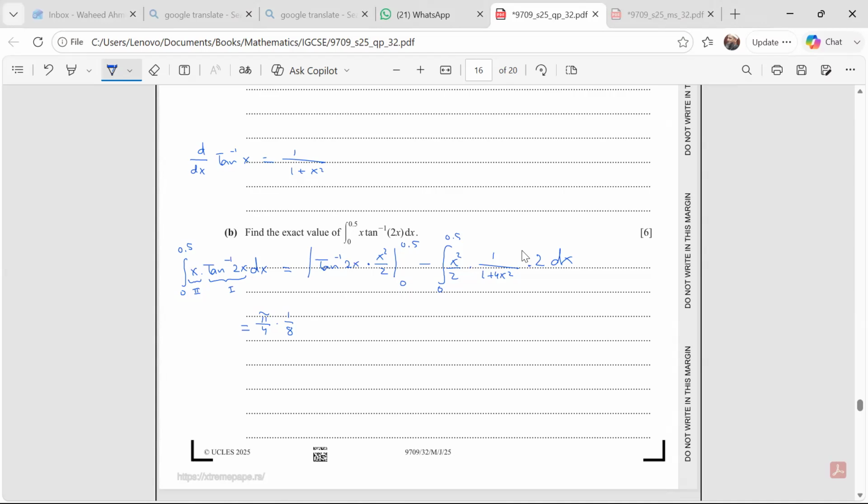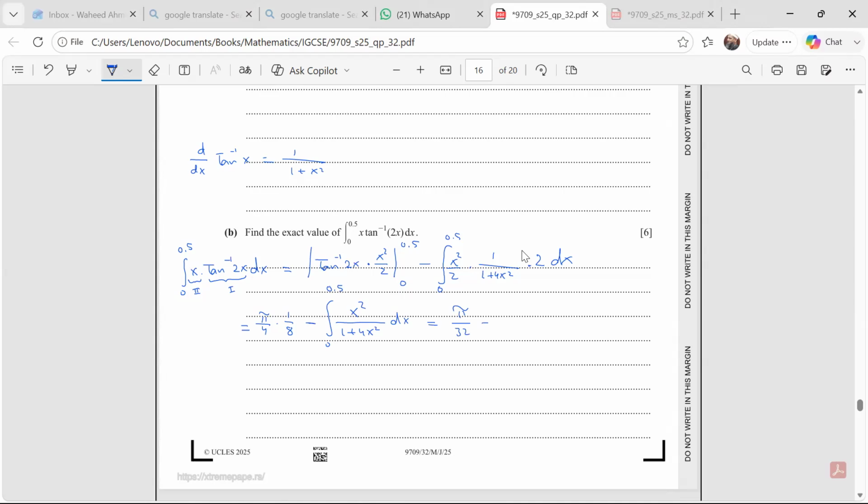Now minus, you can see 2 cancels with 2, and I have the integral from 0 to 0.5 of x squared over 1 plus 4x squared dx. So this will become pi by 32 minus.